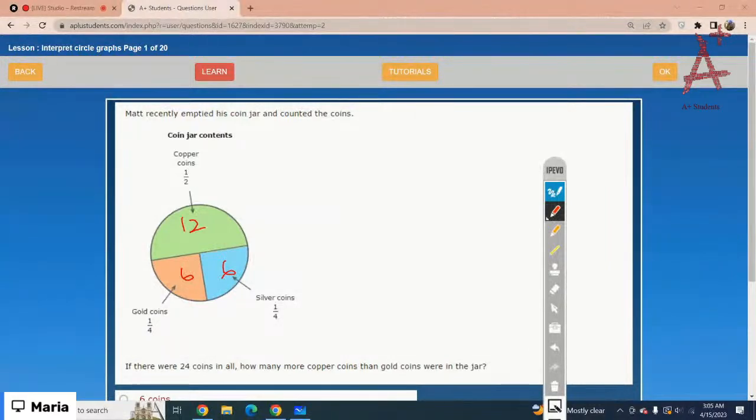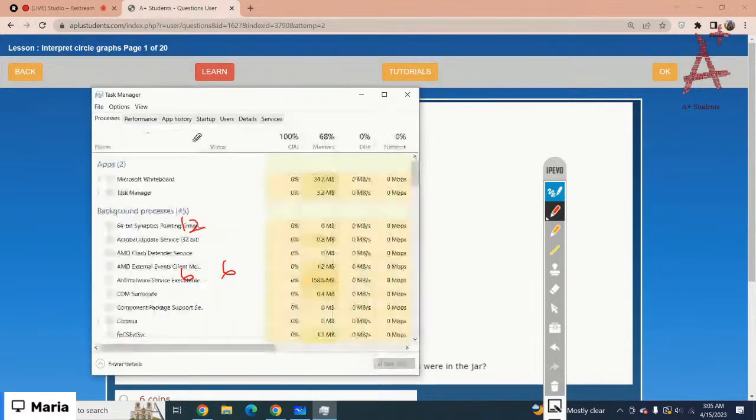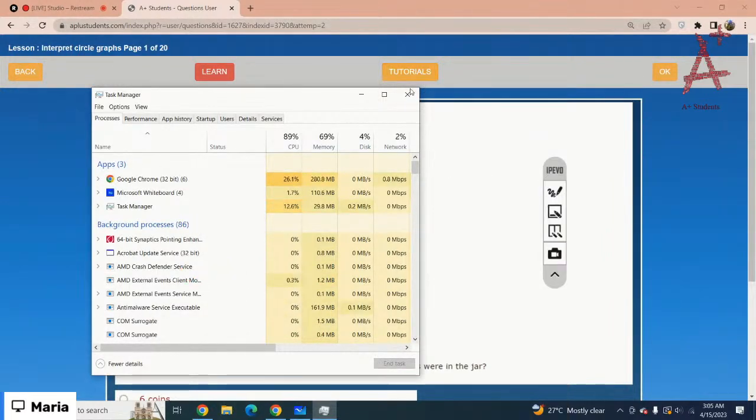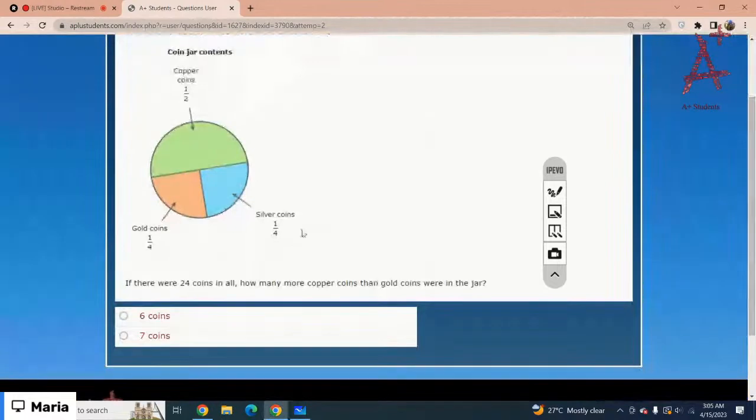So copper coins are 6 more than the gold coins. The correct option is 6 coins. Got it?